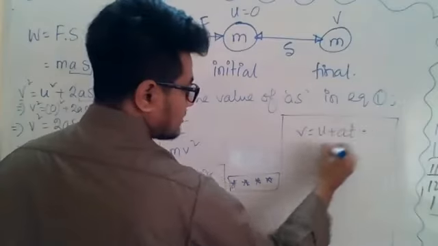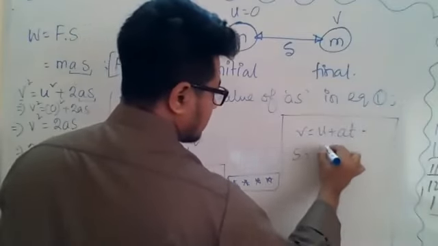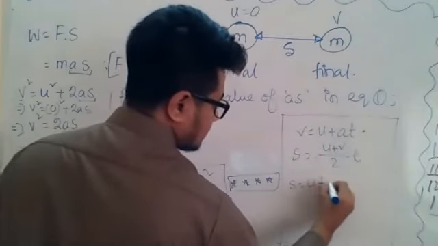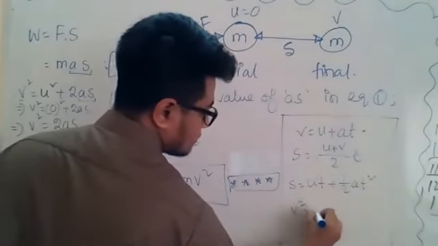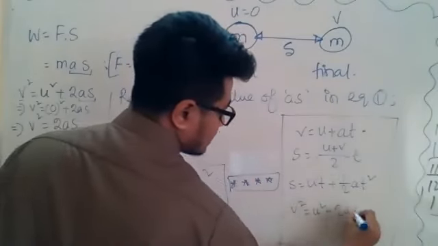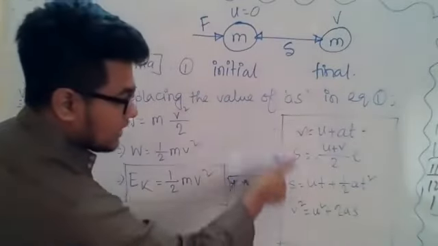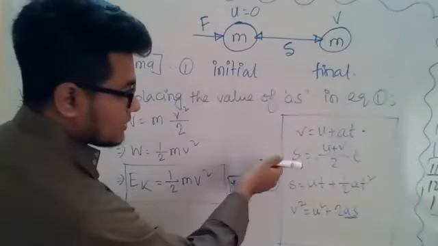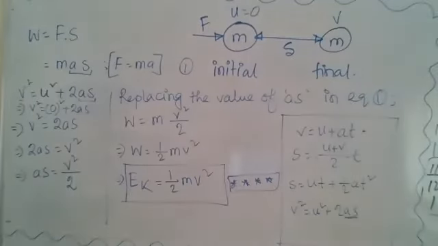V equal to U plus AT, S equal to U plus V divided by 2 into T, and S equal to UT plus half AT square, and V square is equal to U square plus 2AS. I need to find the value of AS. Can you see any other AS other than this one? Any other AS is there? No. That is why we will use this equation. Okay.